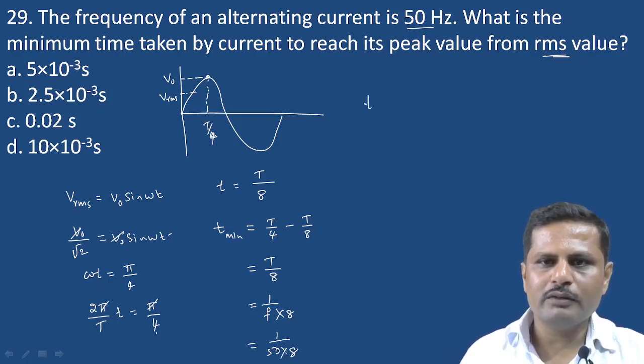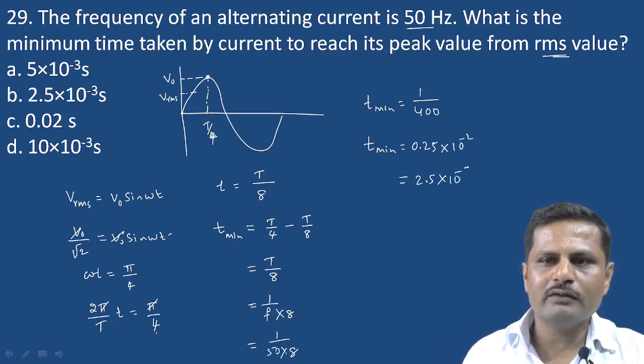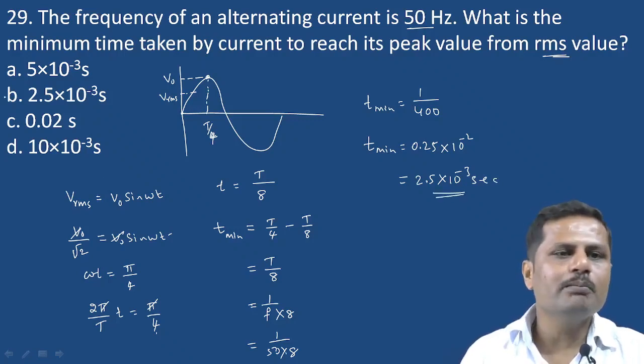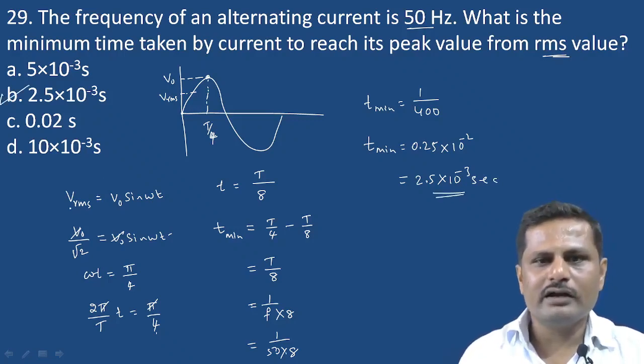So the minimum time is 1 divided by 400, which equals 0.25 into 10 to the power minus 2, that is 2.5 into 10 to the power minus 3 second. So option B is the right answer.